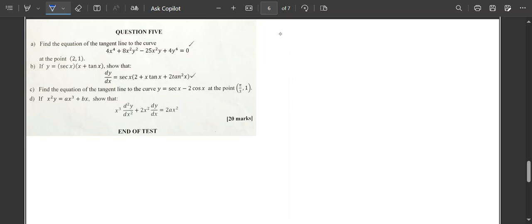We have this function, and we differentiate implicitly. By this I mean we differentiate also y squared. The function is 2x to the power 4 minus 8x squared y squared plus 4y to the power 4 equals 0.